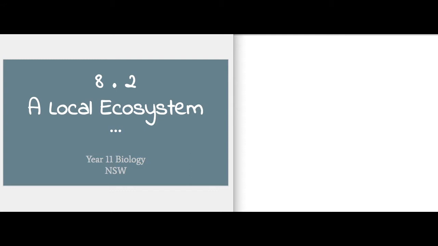So during this video we'll be looking at 2 dot points from the A Local Ecosystem topic. So we're looking at the first focus area dot points and we'll be looking at the second dot point in the second column of the syllabus and the first dot point in the third column of the syllabus.